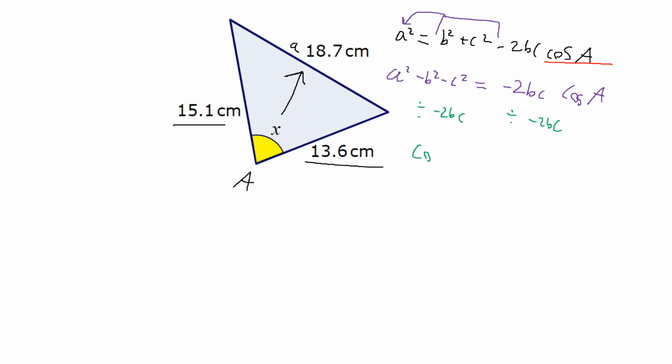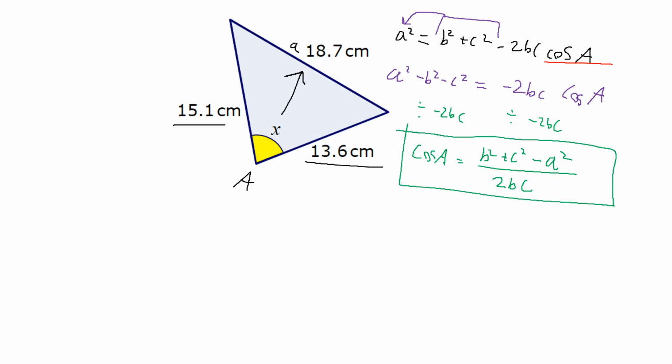So then cos A is equal to b squared plus c squared minus a squared all over 2bc. Okay? And that is how we find out what the angle is. Write that down if you want to remember it, or if you want to, learn one of these two and then you can derive the other one. Either way. So let's learn how to properly use this formula.